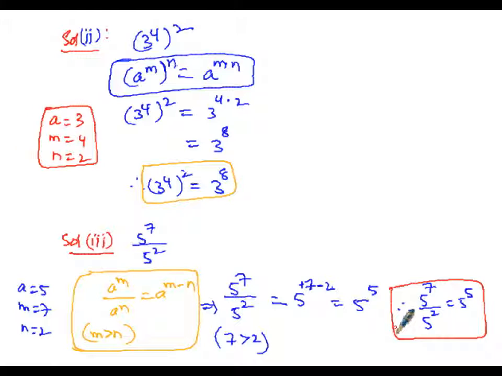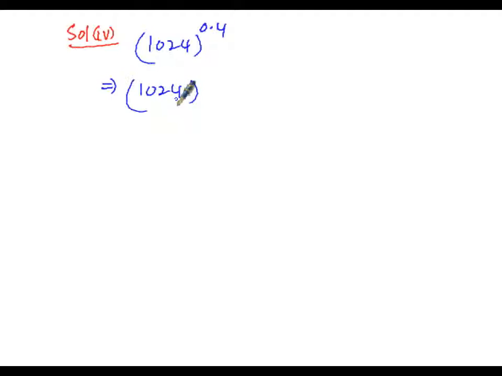Then now the fourth one, solution number 4, that is 1024 whole to the power of 0.4. So 1024 is written as it is, but whole to the power of 0.4. In order to remove the decimal, I am going to multiply with 10 and divide with 10 immediately, because after the decimal there is only a single digit.